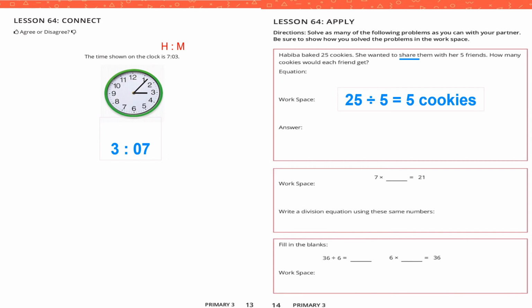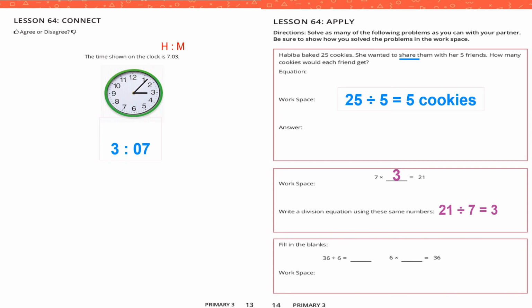The next question, 7 times what equals 21? 7 times what from table 7? Or I can use a division equation. I can say 21 divided by 7 equals what? 3, sure, 3.